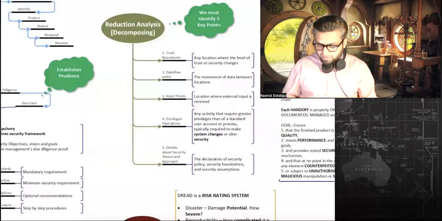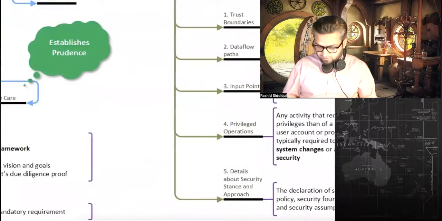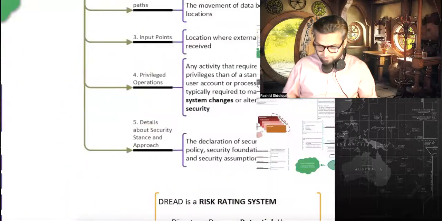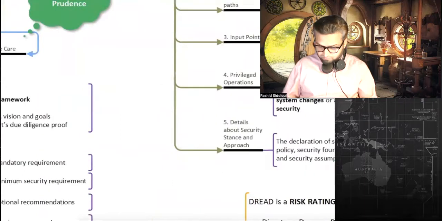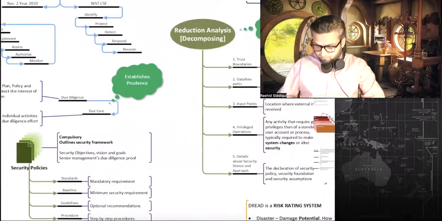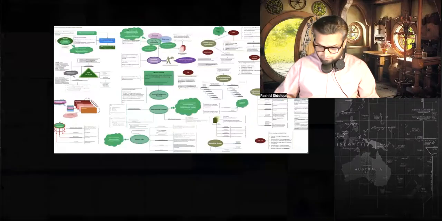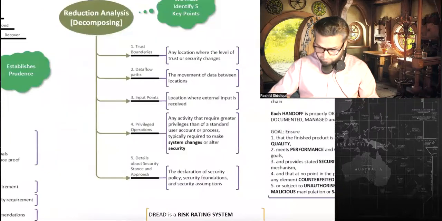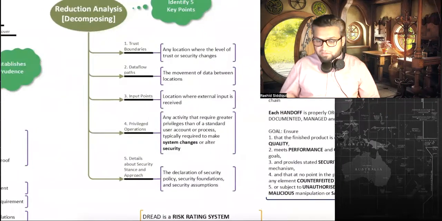Now, step number 5 is basically the due diligence. Where is that? It says, wait, I think there is some problem. Yeah. So step number 5 is details about security stance and approach, which is the declaration of security policy, security foundation, security assumption.